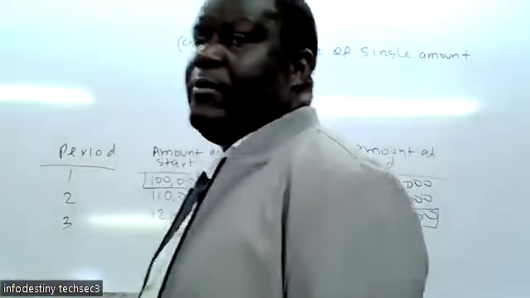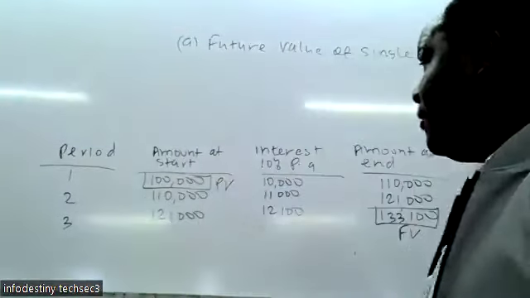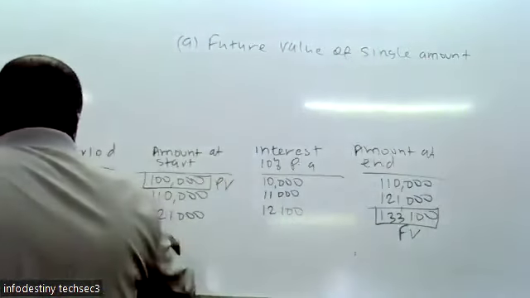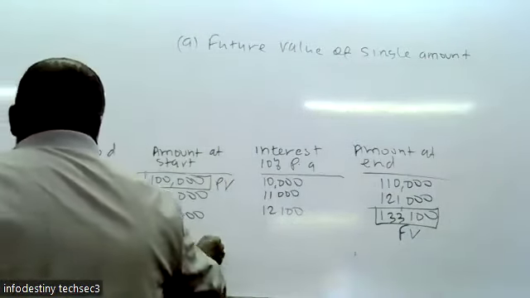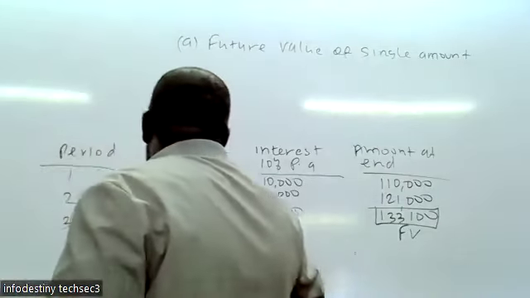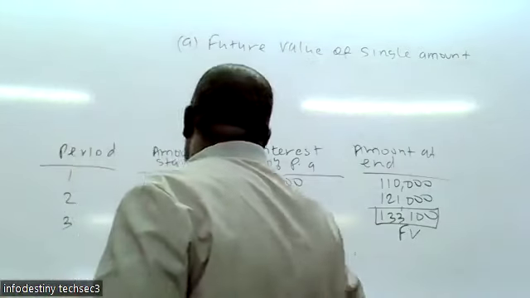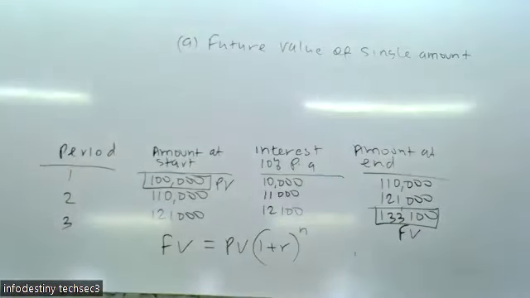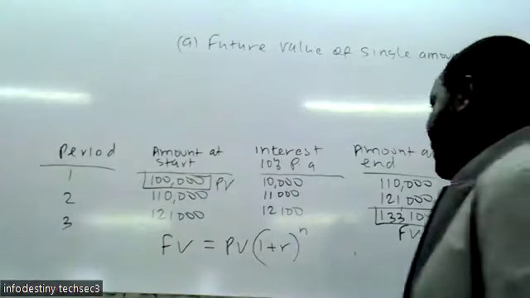To compute the future value, it is the present value times (1 plus r) raised to the power of n. When you want to get the future value, it is simply the present value in brackets of 1 plus r raised to the power of n.